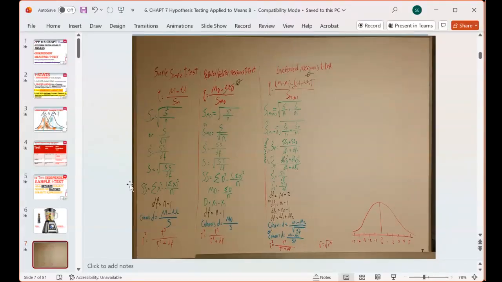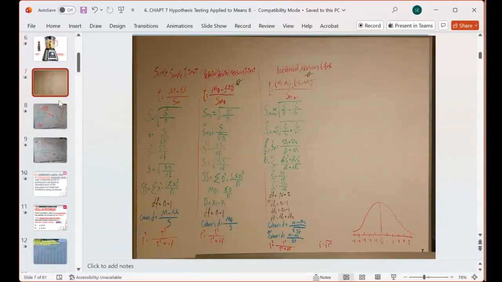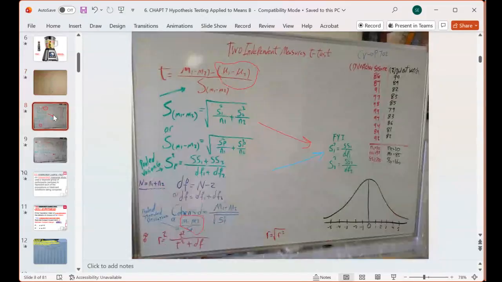So let me focus on tonight's formula, which is this. That's the formula in red on top, for two independent samples, and the circled difference is 0. That value is 0, so you don't write it down. You have two samples, like the data on the right, from the problem we're going to go over.